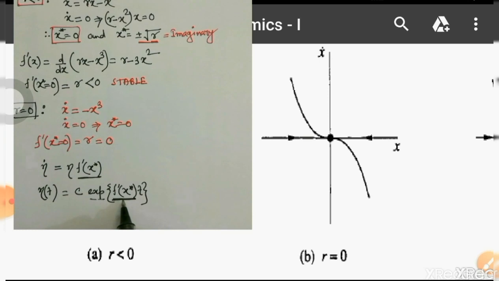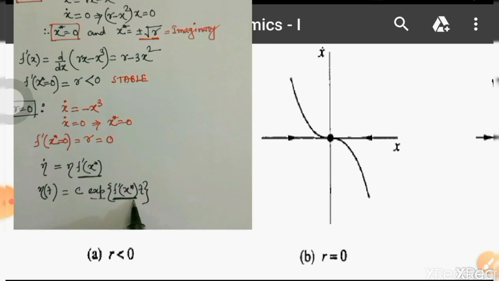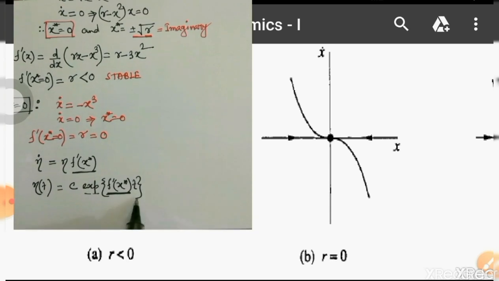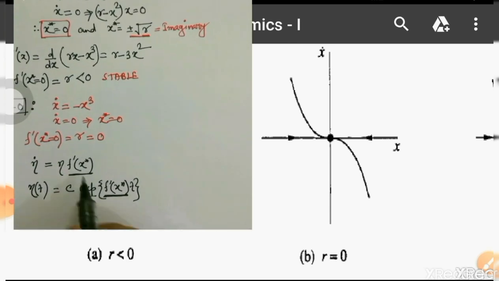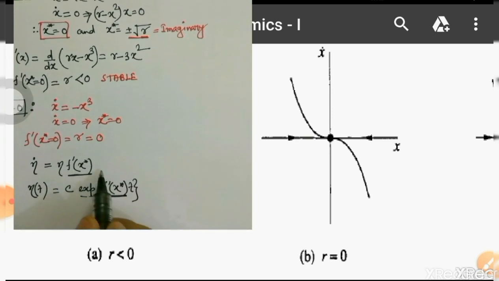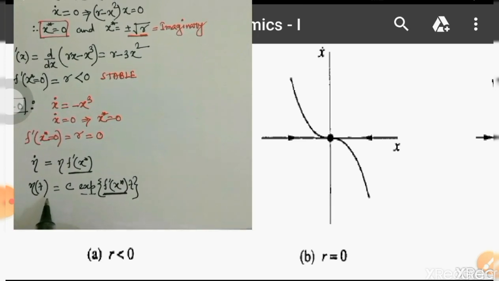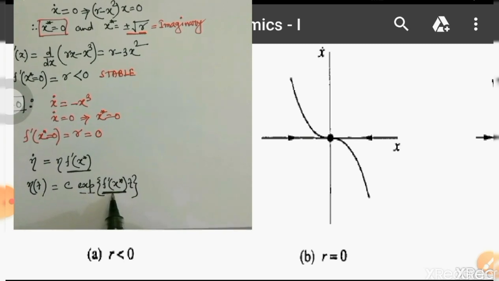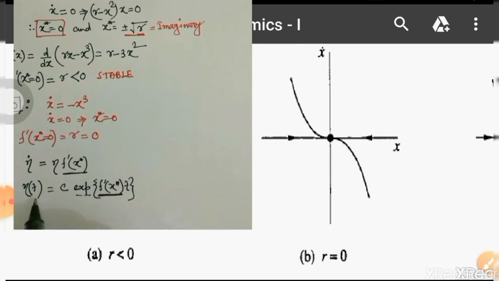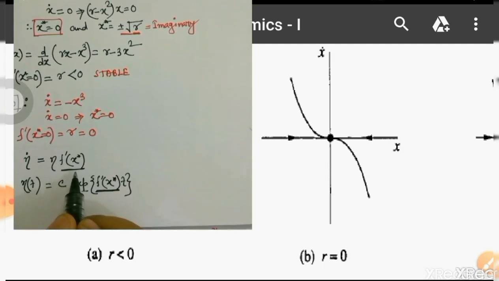If f prime at the fixed point is less than 0, then this will be an exponential decay, which means that the perturbation will decay with the passage of time. And if f prime at the fixed point is 0, that means the perturbation remains constant. So when f prime x star has a negative value, the decay of the perturbation will be faster than when f prime is 0.